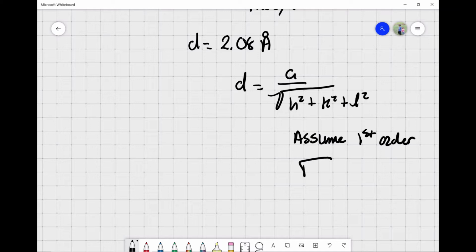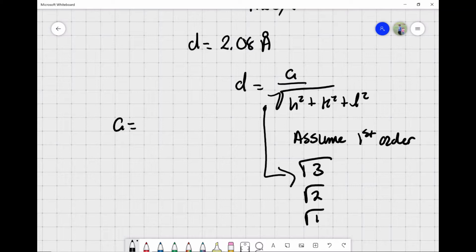That means the square root of h squared plus k squared plus l squared is either going to be square root of 3, square root of 2, or the square root of 1. And we know A.